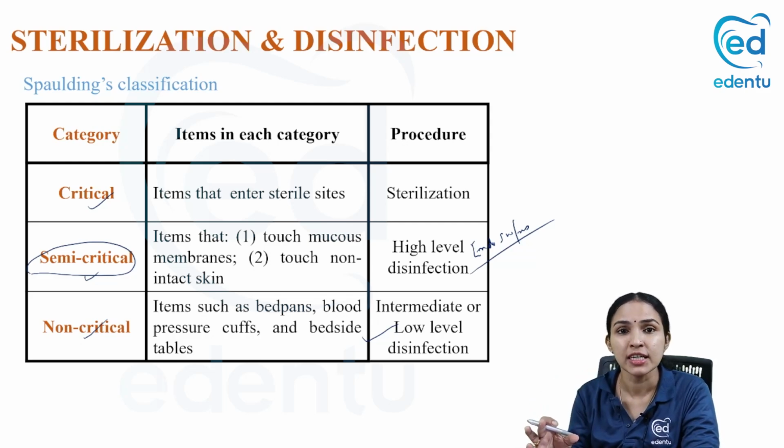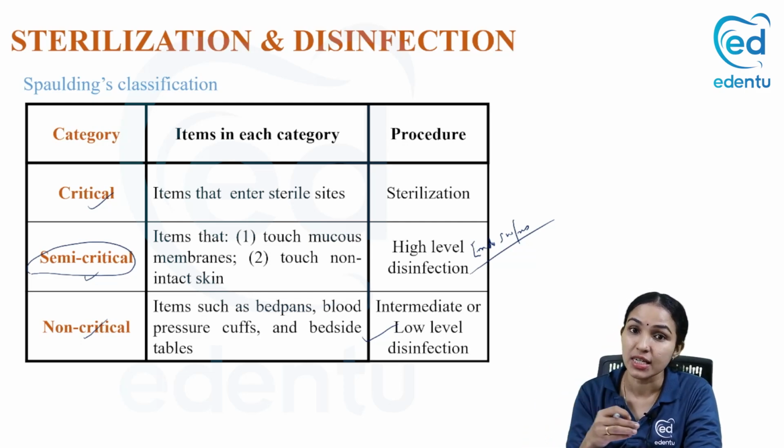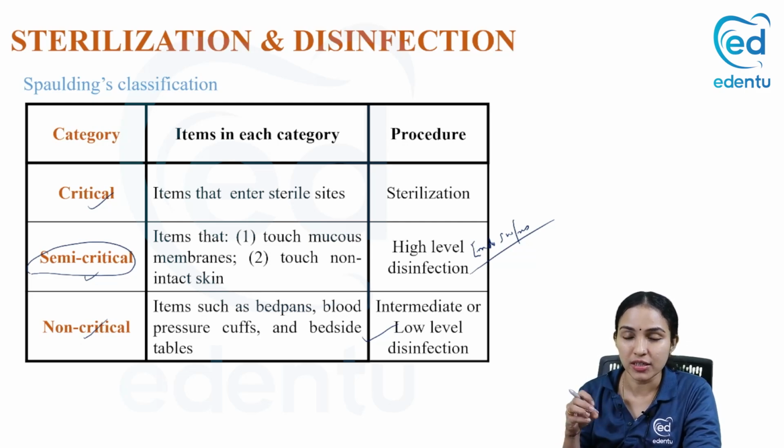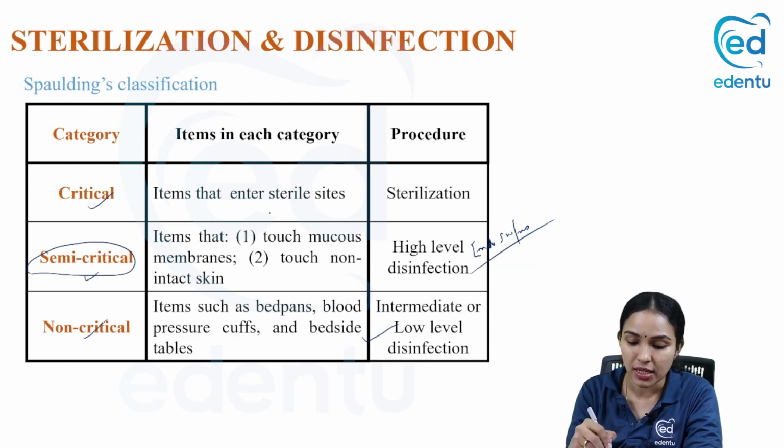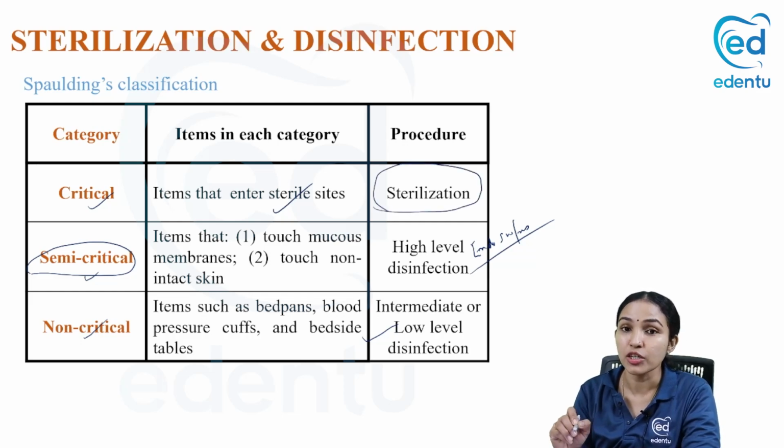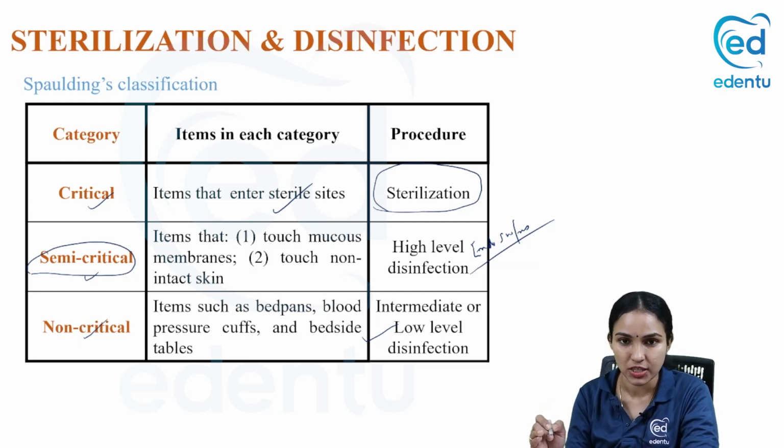And what are critical items? All the items that are going to get into a sterile site like the blood vessel or into your visceral organs. So all the surgical instruments, the intravenous catheters, the IV lines, all those things are entering the sterile sites. For such kind of articles, you cannot go for any lower method. You require a sterilization method.